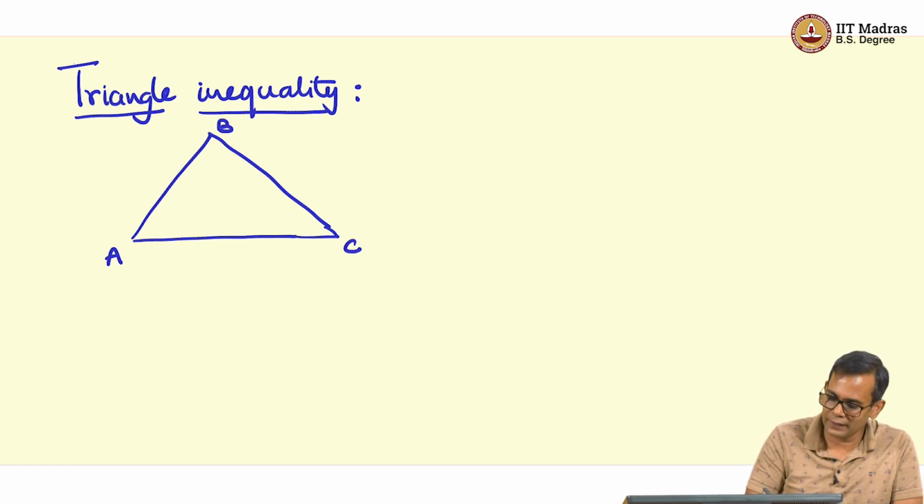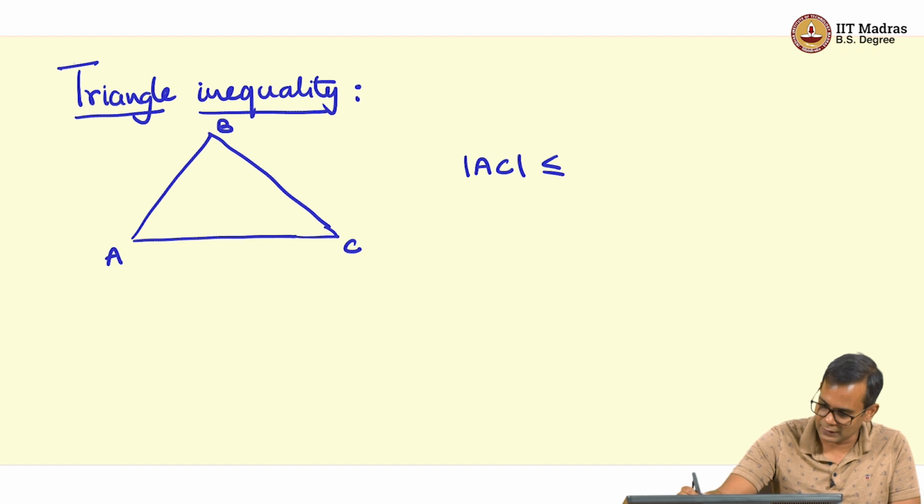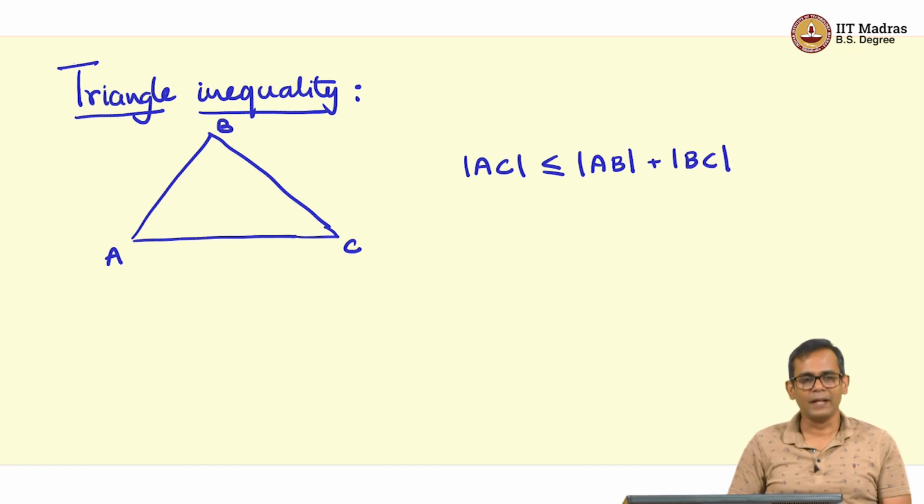then what we know is that the length of the side AC is less than or equal to the sum of the lengths of the sides AB and BC, right. Why is this true?